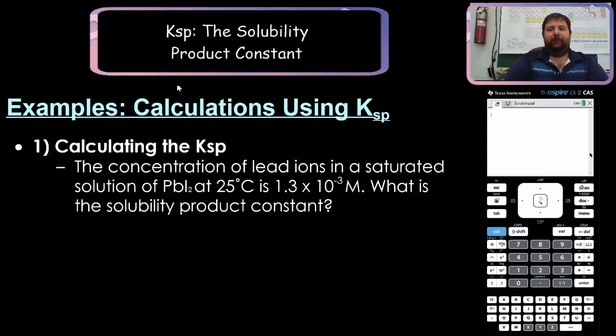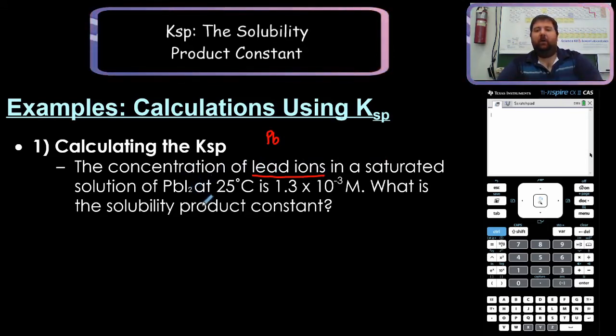All right. Example 1, calculating the Ksp. So here we have the concentration of lead ions. Lead is Pb, and it's in a saturated solution of PbI2. So we want to know what the solubility constant is.